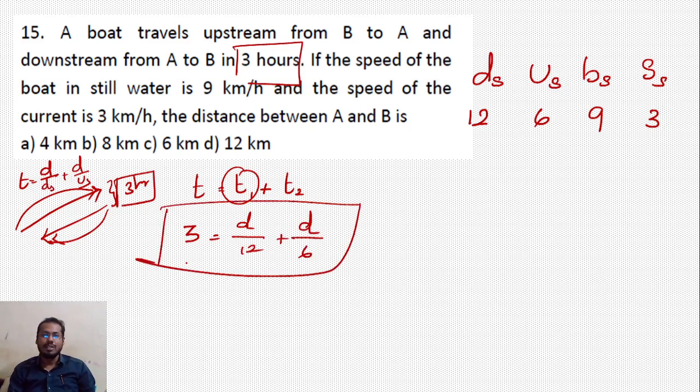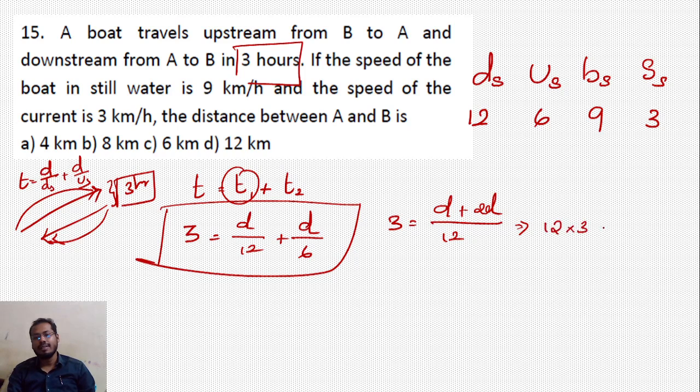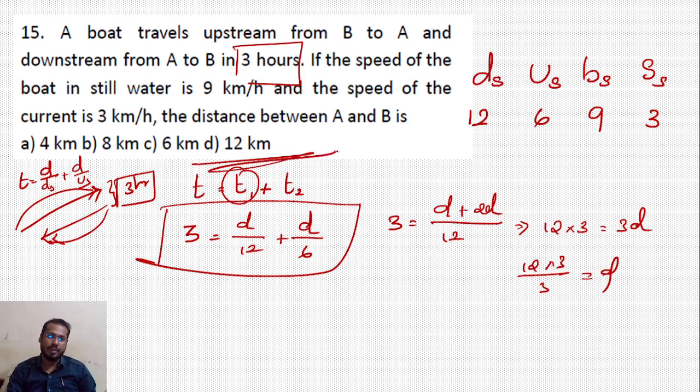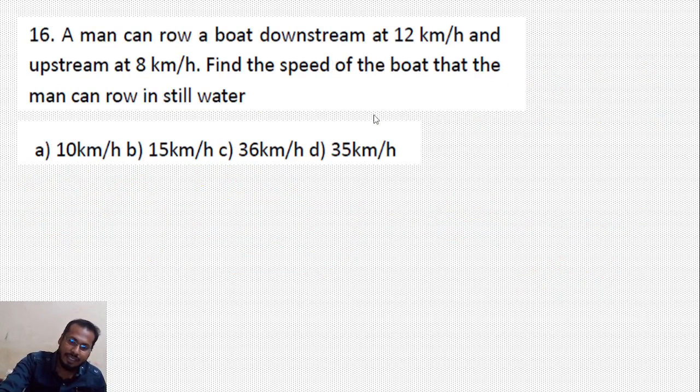So 3 is equal to d by 12 plus d by 6. 12 is the LCM, correct? So d plus 2d, that's it. 12 times 3 is equal to 3d. 12 times 3 by 3 is equal to d. The answer will be 12 km. That's it. Next question. If time is given common, take the time formula. That is the concept.